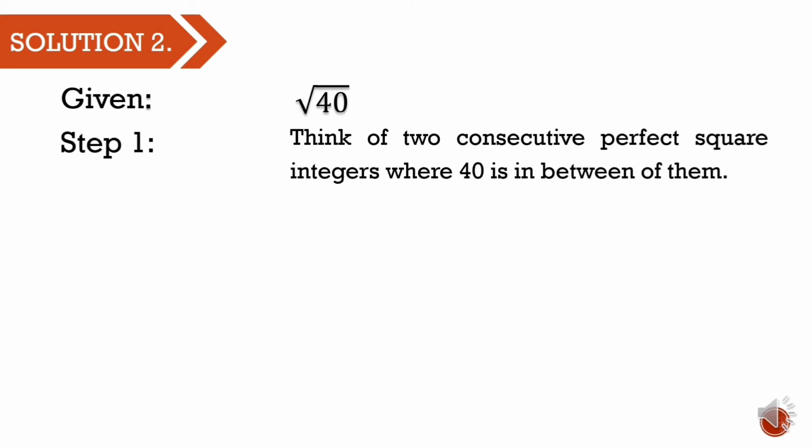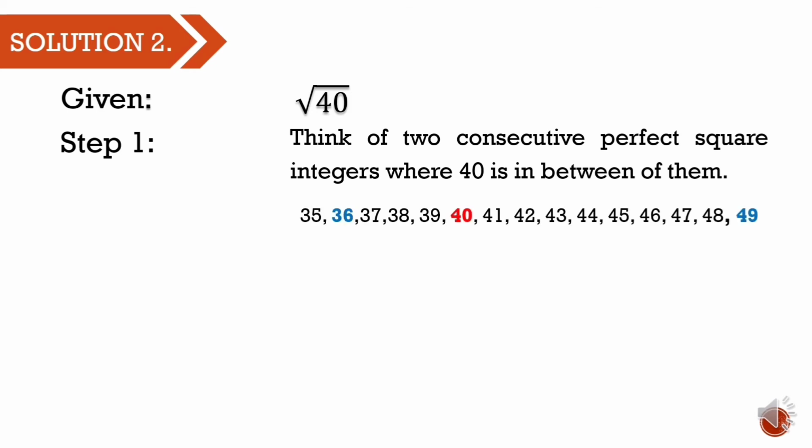Okay, let's have the solution for number 2. Given the square root of 40, we need to follow the steps. Number 1, think of two consecutive perfect square integers where 40 is in between them. Once again, you have to list all the numbers bigger than 40 and lesser than 40 and find the perfect square numbers.